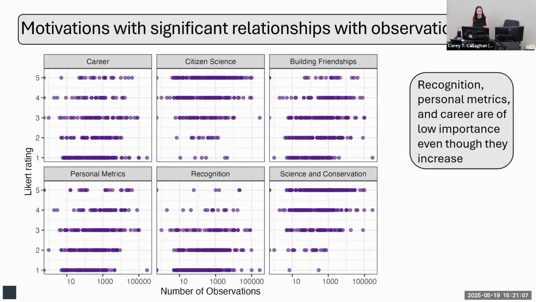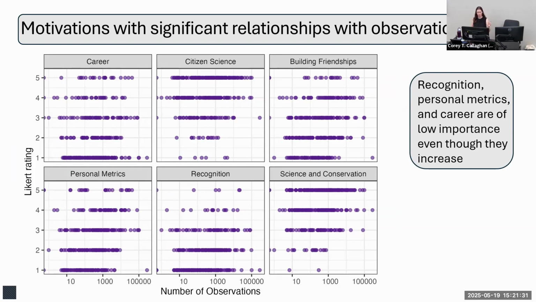Then I was able to get an exact observation count on the day that users took the survey. And so I looked for a significant relationship between the Likert ratings for each motivation and the actual numeric observation count instead of that grouping. And what we're seeing, I did put numbers for the Likert ratings. 1 would be not at all important.